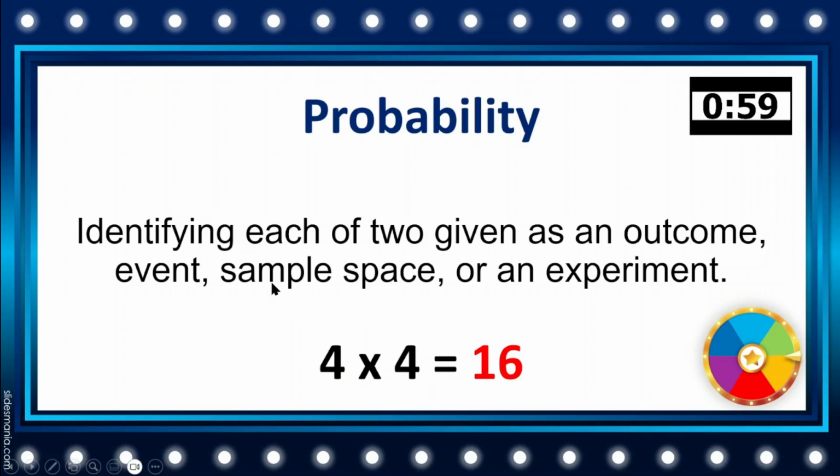And if there are two questions, then there are two factors. And how many choices do we have? We have outcome, event, sample space, or an experiment. Four in total. So we have four choices for the first event and four choices for the second event. So 4 times 4 is equal to 16.